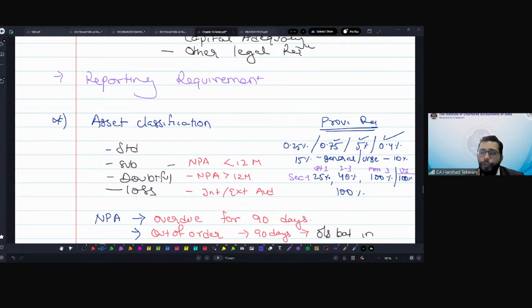So this is how the provisioning requirement works in case of a bank. Questions related to the provision requirement generally come in exams. The reason is that the question can be, for example, this is how the bank has calculated provision on a particular asset, and you as an auditor are required to verify whether the bank's classification of the asset or calculation of the provision is appropriate.